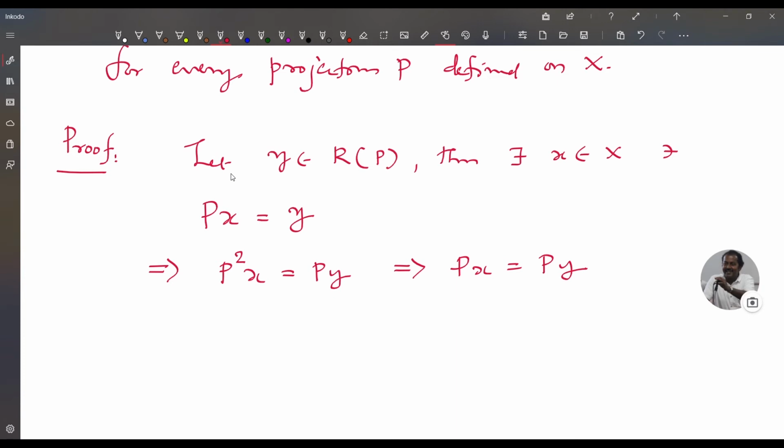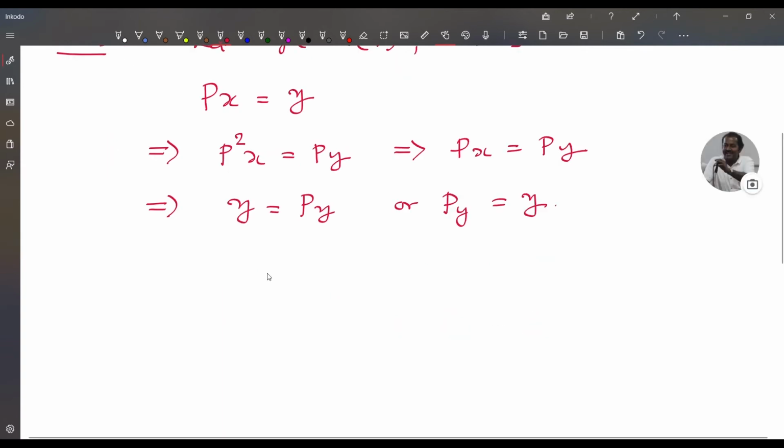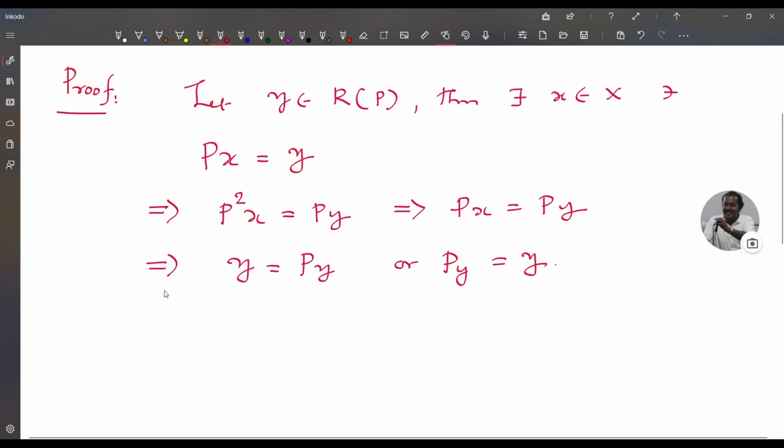Since Px is equal to y, you can replace Px here. So this implies y equal to Py. That is, if y belongs to the range space of P, then Py equal to y. This is 1.